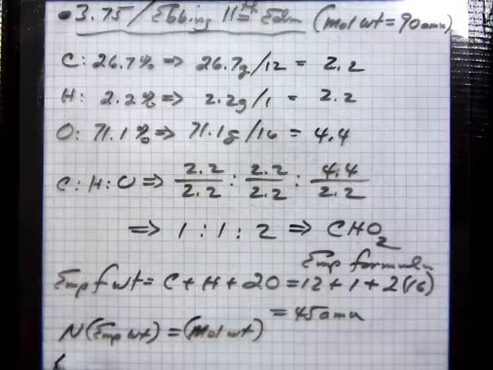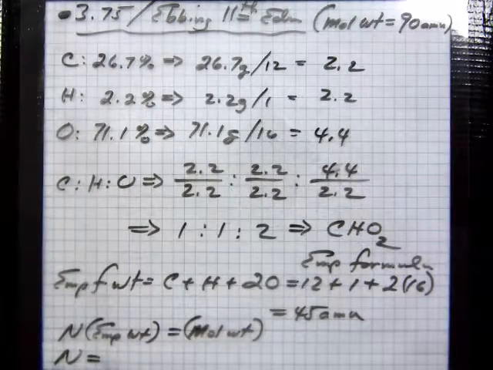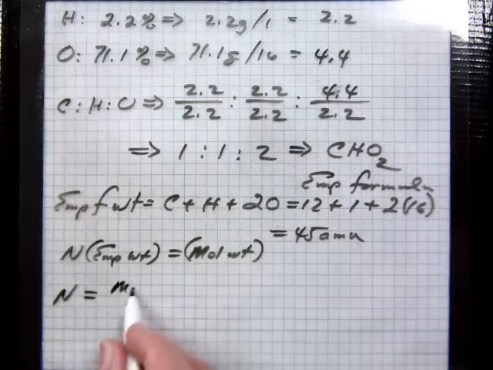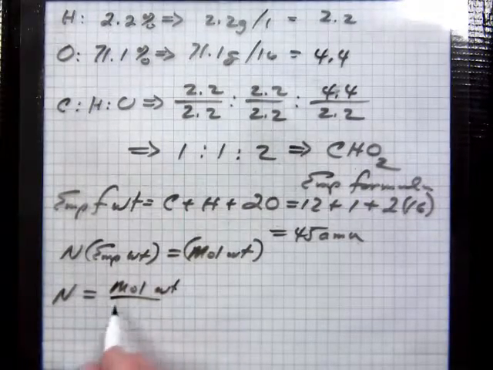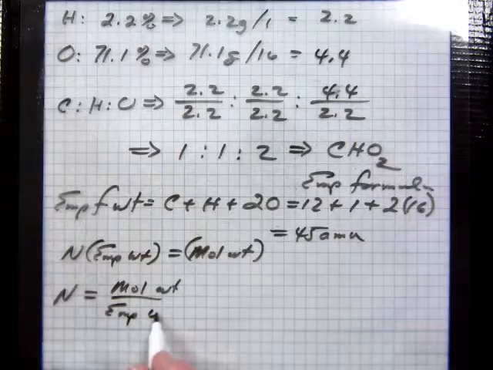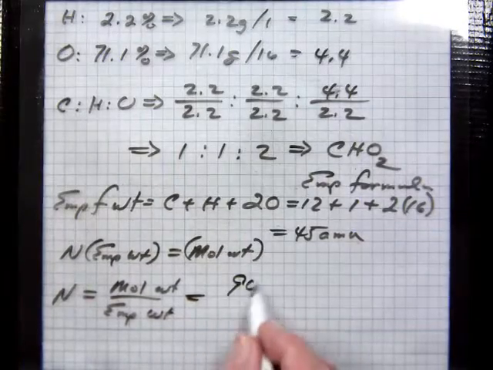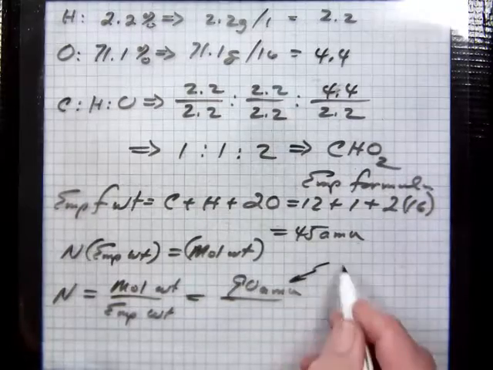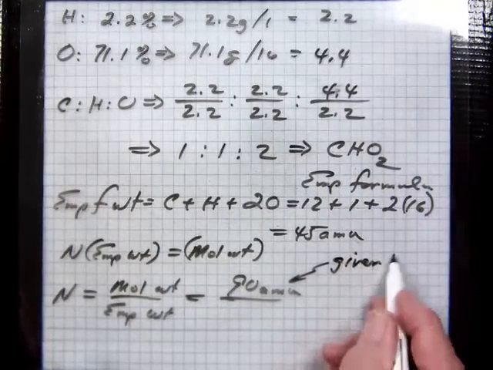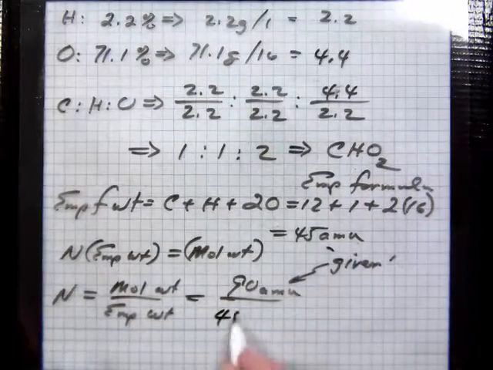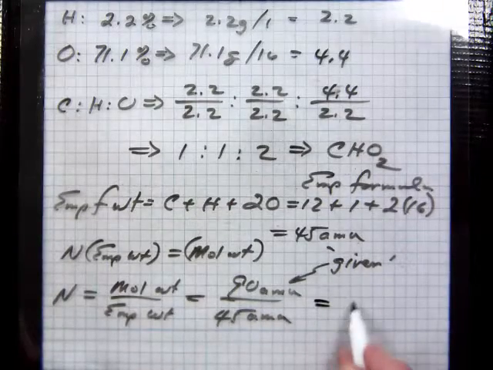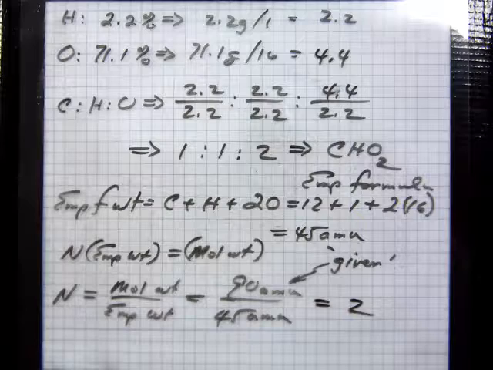And so N now is, look it up, it gives you 90 atomic mass units given, and 45 AMU is the empirical weight. And of course, that gives you a 2. That's your whole number multiple.